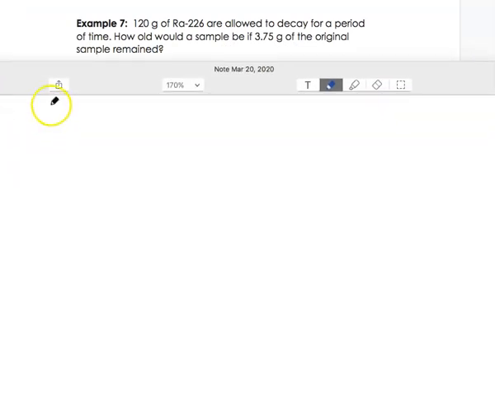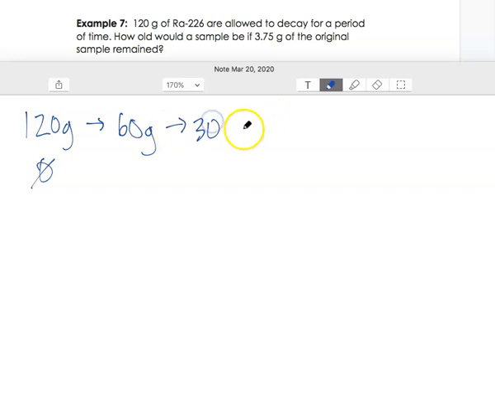So it says, okay, now that you tried, hopefully you tried, you have 120 grams of this sample. It decays for a period of time, right? So this is half-life of 0. How old would a sample be if 3.75 grams remained? So what we're going to do is we're just going to keep dividing by half until we end up with that amount.